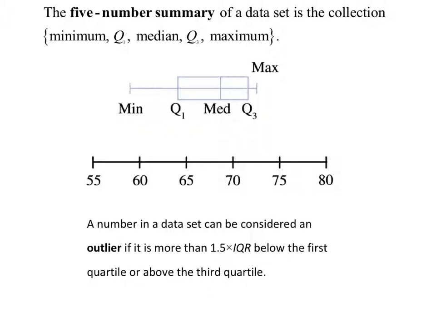IQR stands for interquartile range, and the way you calculate it is Q3 minus Q1. Okay? So let's take a look at some examples of this.